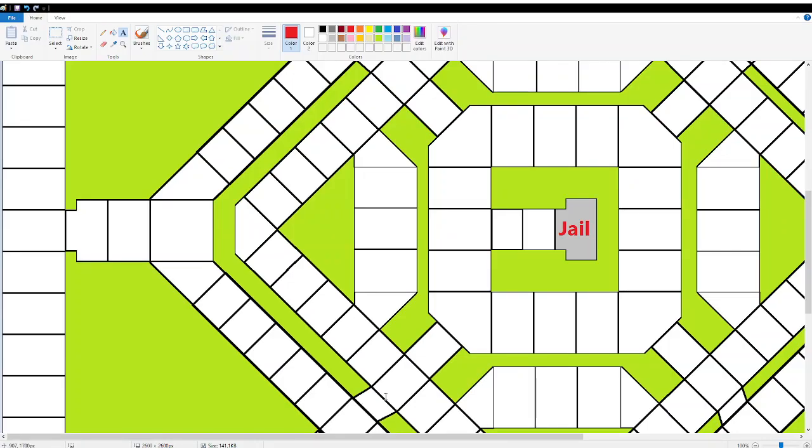So, how am I going to decorate these properties? Actually, it just occurred to me that making the board at this scale is half the size I really need. Yeah, these spaces, I just realized that.